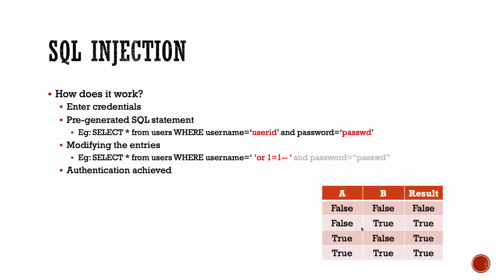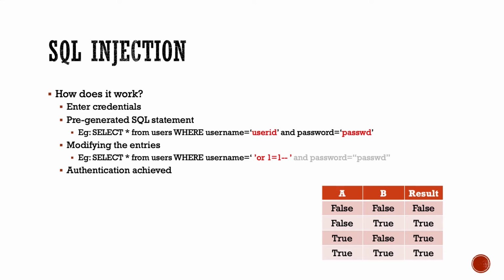It's nothing major. In the OR logic gate, there are two inputs, A and B, and there is an output. If the two inputs are false, the result is false. In any other case, it's true. So if one of the inputs is true, then the output is always true.